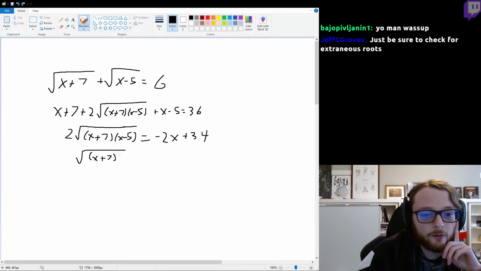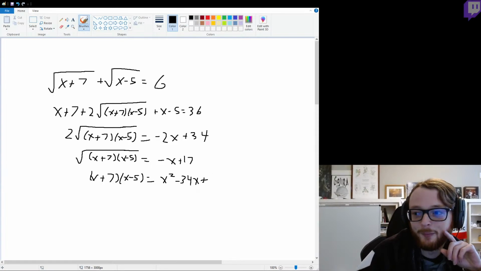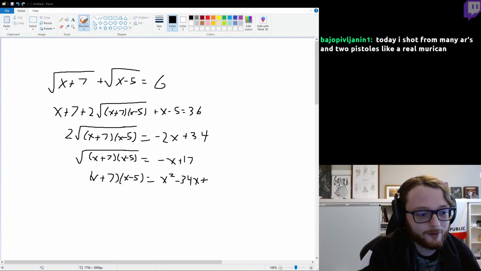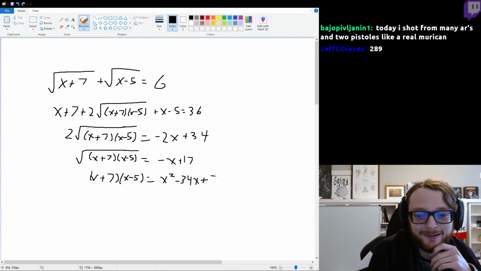Okay, yeah, and when you square this, you get something that's manageable. That's going to square to x squared minus 34x plus 17 squared. Who has that memorized? Let's go to Wolfram quick. 289? Yeah, you're right.